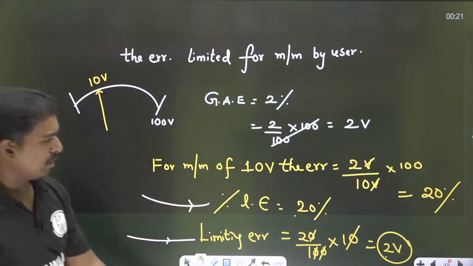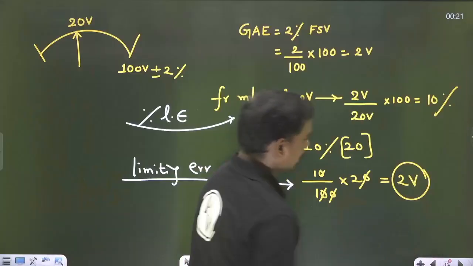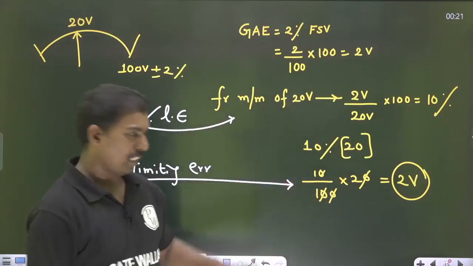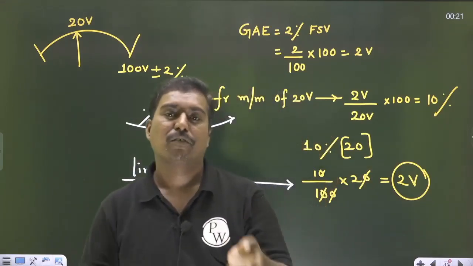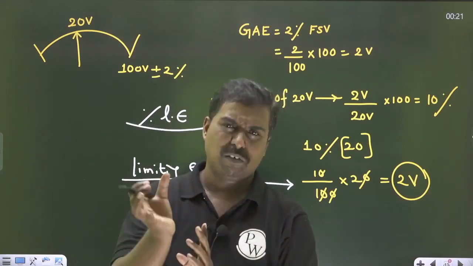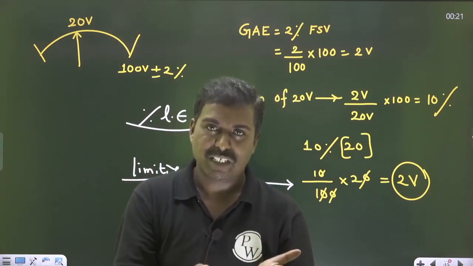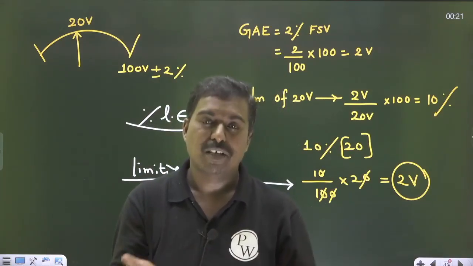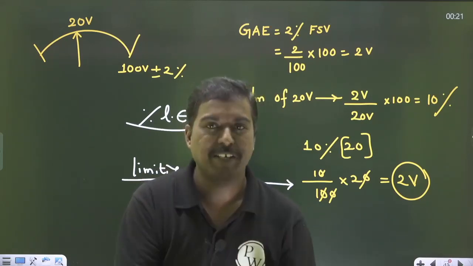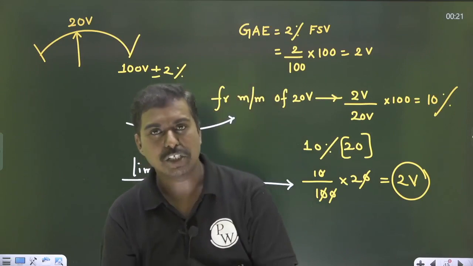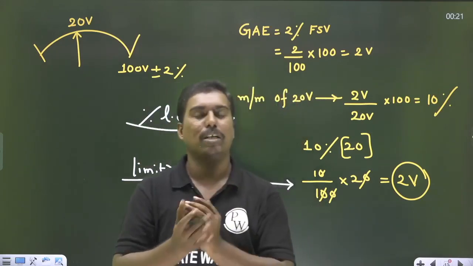If you observe, the limiting error remains constant. The guaranteed accuracy error remains constant. Guaranteed accuracy error and limiting error are the same words, but when you are expressing with reference to full scale value, it is called guaranteed accuracy error. When you are referencing to non-full scale value, it is called limiting error.